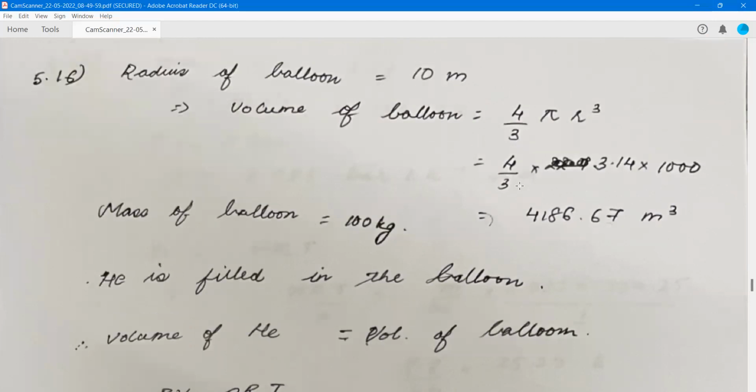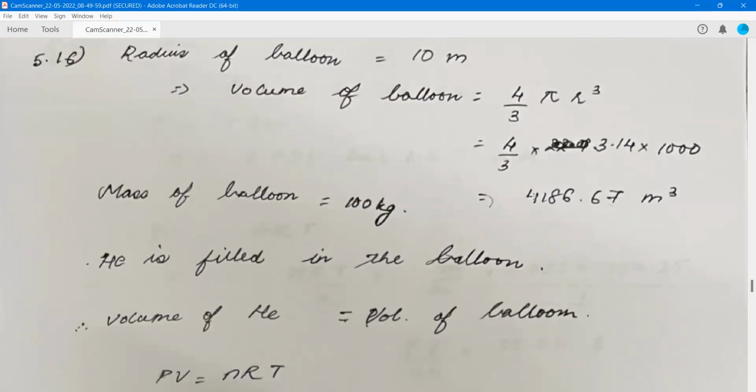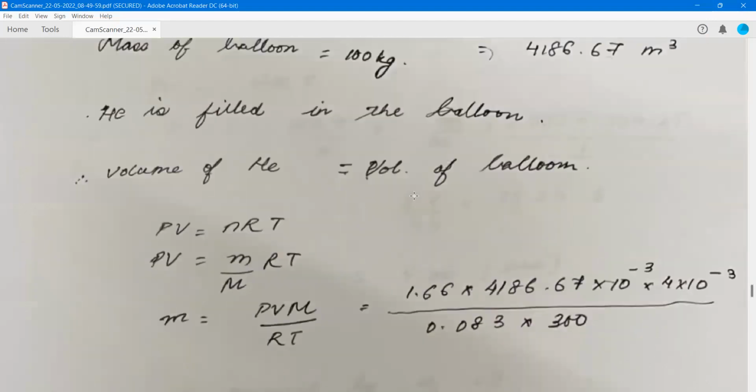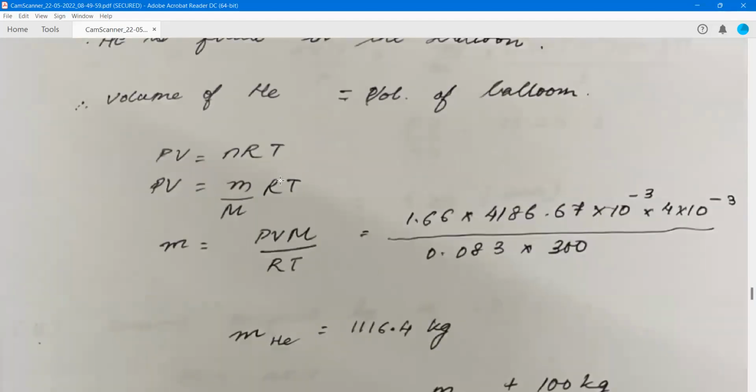And also they have mentioned the mass of the balloon. So the mass of the balloon and the volume of the balloon are clear. We know that they have filled helium in the balloon, and the volume of helium is nothing but the volume of the balloon only. So now you have to calculate the mass of helium in that balloon.